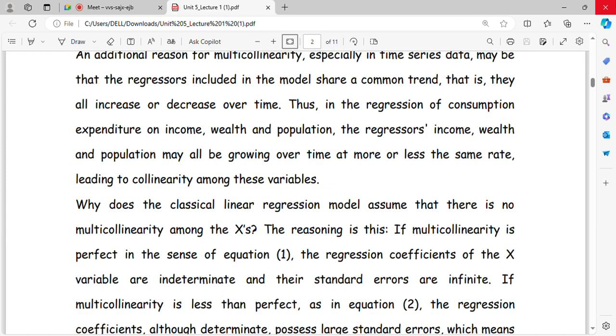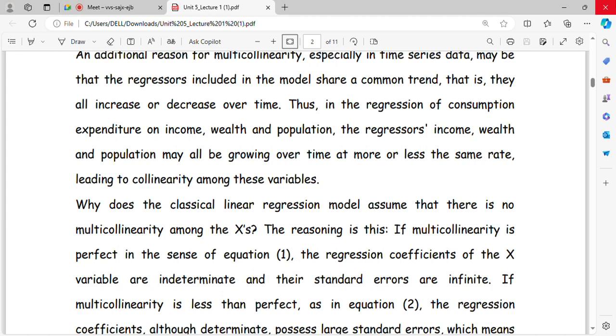If multicollinearity is perfect in the sense of equation 1, যেটা আমরা আগে দেখলাম, কোনো এরর টার্ম নেই, then the regression coefficients of the x variables are indeterminate and their standard errors are infinite. Why? We will come, just give me a minute.